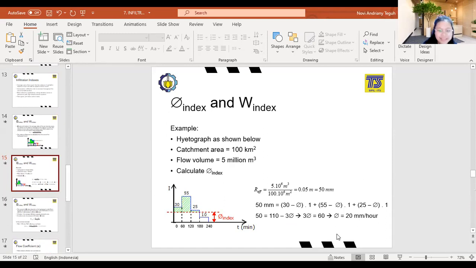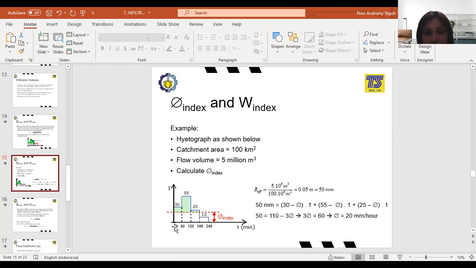The one is equal to the duration, because it's in hours. Here we have 60 minutes, so we have to convert it to hours. And then, for example, for the first one, 0 until 60 minutes, which means 1 hour, we have 30 millimeters of rainfall. So here we have 30 minus P index times 1 hour. It's the same with the other values, because we calculate in every 60 minutes.